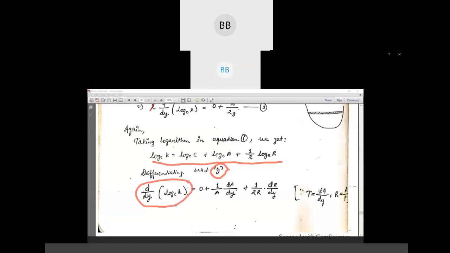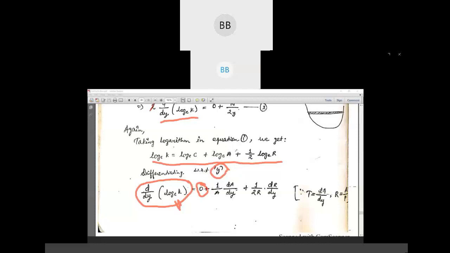See, in the left hand side we are getting again dy by dy of log ek. You can see it in equation number 2 also. Then differentiation of this, c is constant, so it will be 0. Here area, so definitely differentiation of log a is 1 by a, but a is not y. Again a is a function of y, so that is why we have to differentiate that a with respect to y.